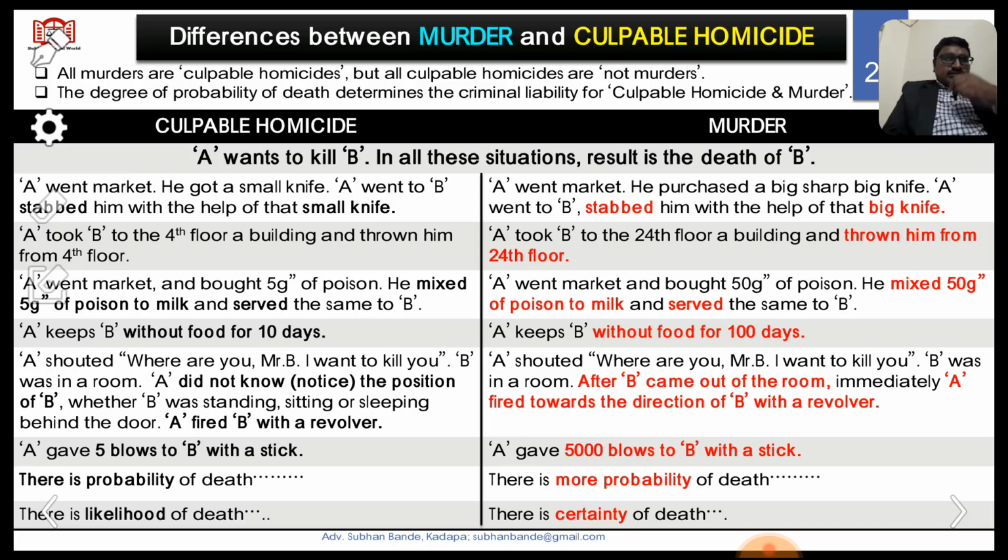Next, through this theoretical understanding, we have some idea regarding what the mere culpable homicide is, what the murder is, what the culpable homicide not amounting to murder is. Let us very clearly differentiate murder and culpable homicide using certain illustrations.